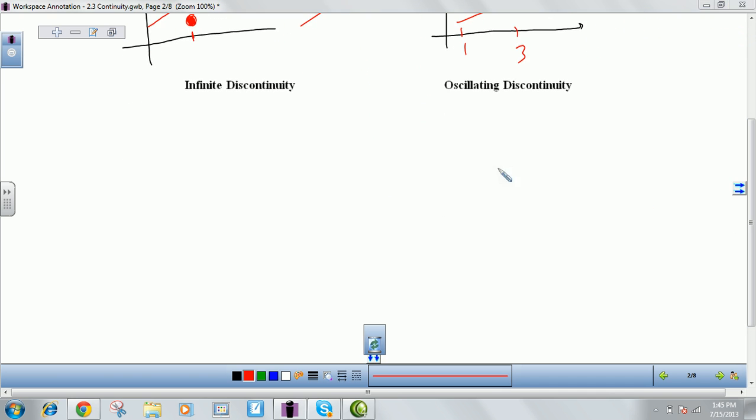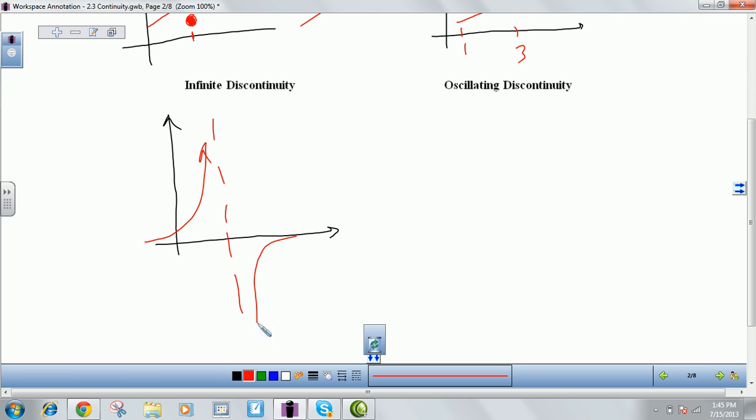Infinite discontinuities. You've done more of these types of discontinuities than probably any other. These are your asymptotes. A lot of times this could be like y equals 1 over x plus 1, where it's not removable, and you can't plug in -1.